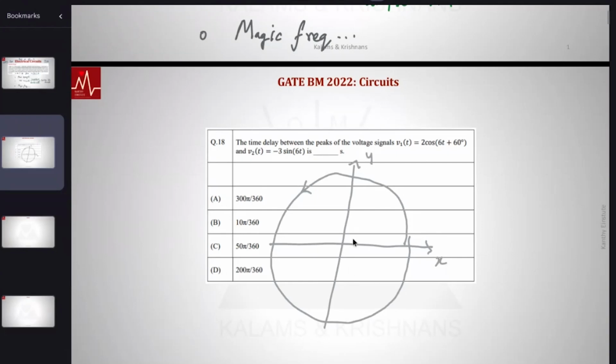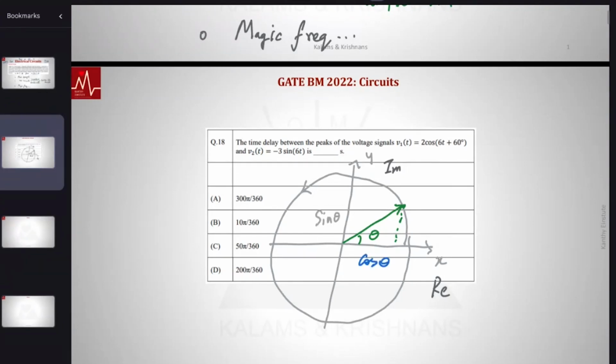If this is the complex plane, this will be your real axis and this will be your imaginary axis. If the current location of a vector or complex number is at an angle theta on a unit circle, the x component will be cos theta and the y component will be sin theta.